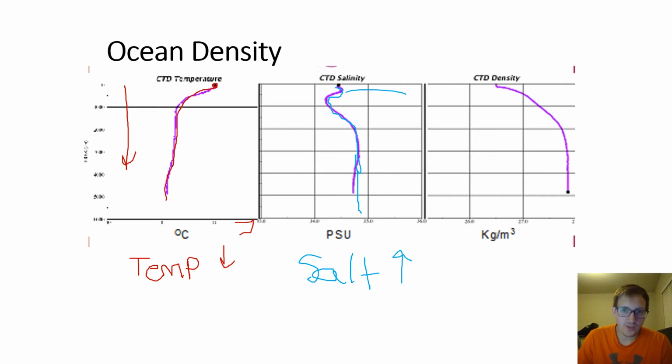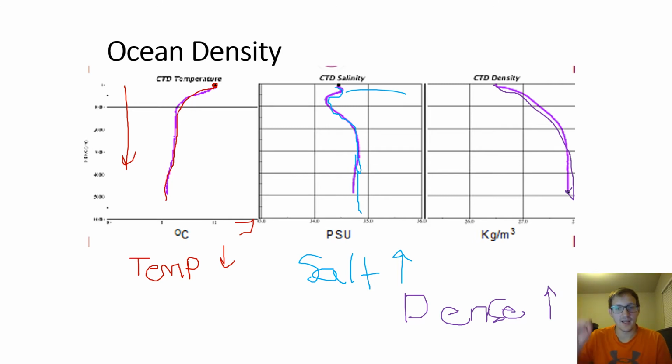And then you'll notice also on the right that density goes up as you go down as well. So density's here and it increases as it goes up. This is really bad, I don't have my pen. It's actually broken, so I'm going to see if I can fix it. But either way, the density is actually going up as the depth is going down.